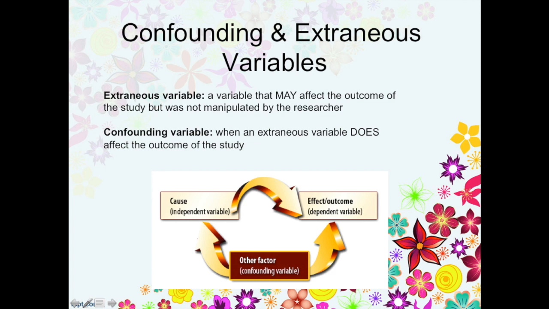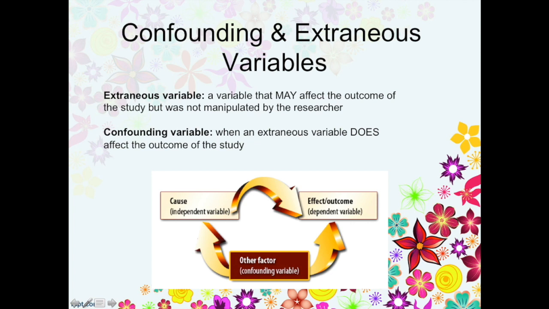Okay, so we've talked about extraneous variables before, but just to clarify what they are, an extraneous variable is a variable that may affect the outcome of the study, but was not manipulated by the researcher. So an extraneous variable could potentially have an effect on the DV, but we don't want it to have an effect on the DV because the only thing we want to have an effect on the DV is our independent variable, our IV.